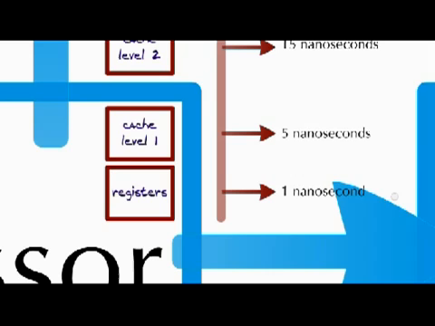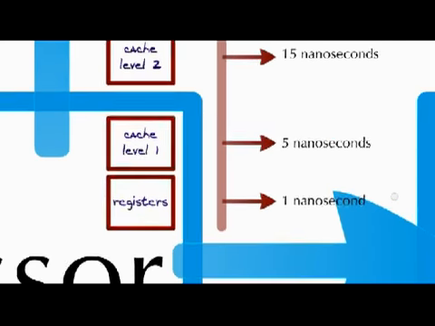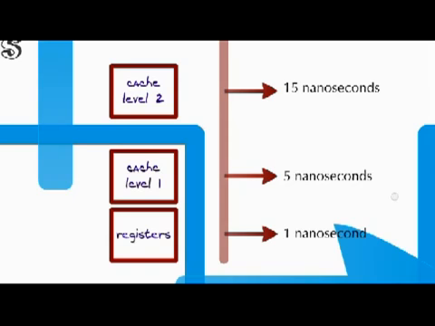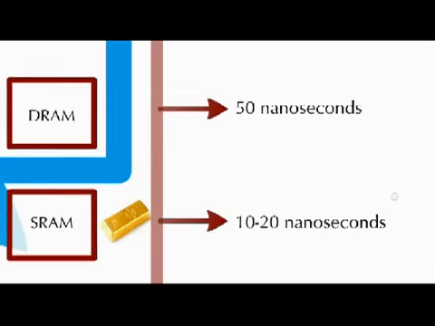Okay, still fairly small, but slightly larger in size than the registers. And again, fast access. Moving up a little bit, we've got level 2 cache, which is just outside the processor and moving away from the processor physically on the motherboard, and it's 15 nanoseconds average access time.